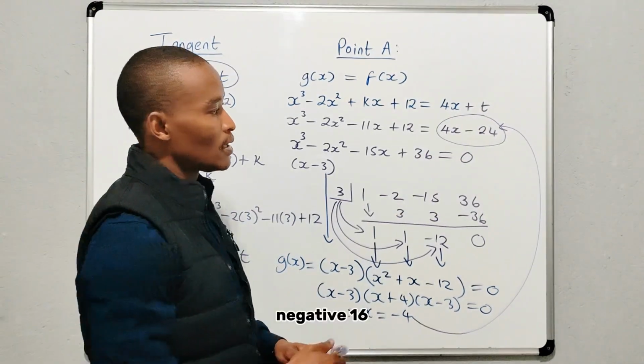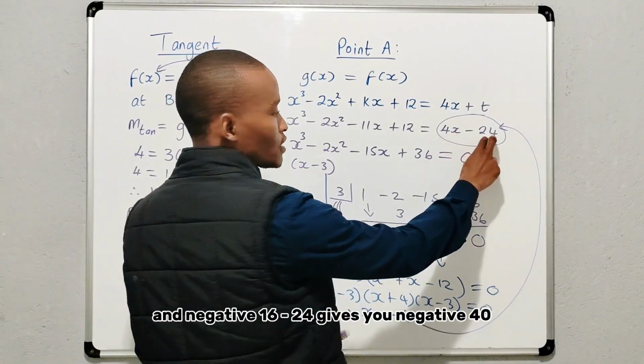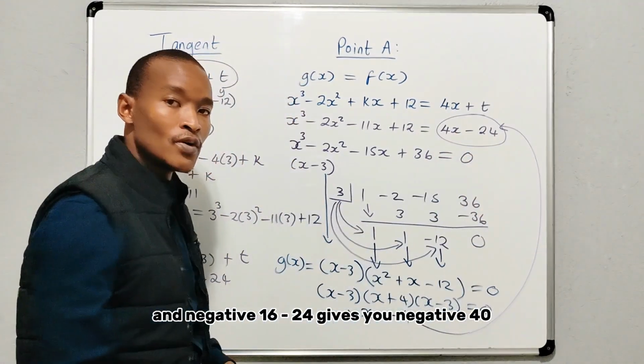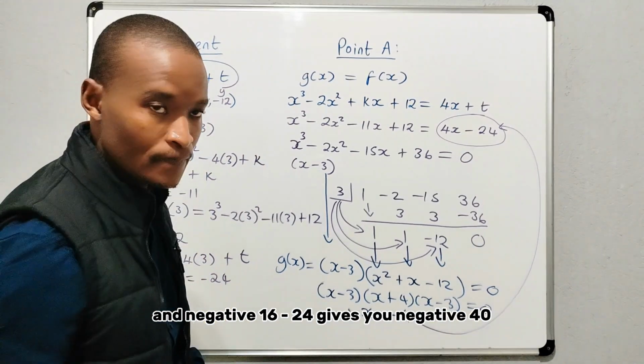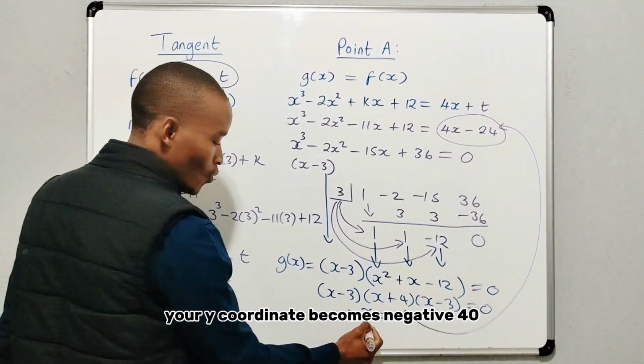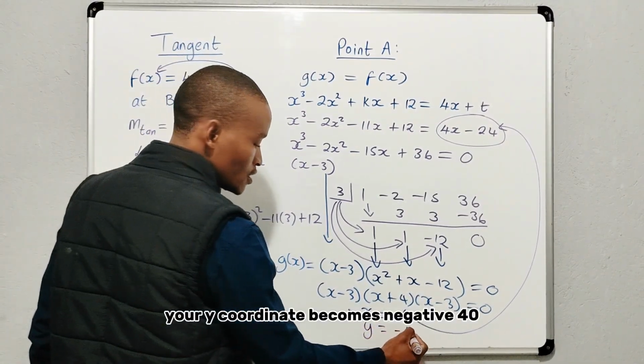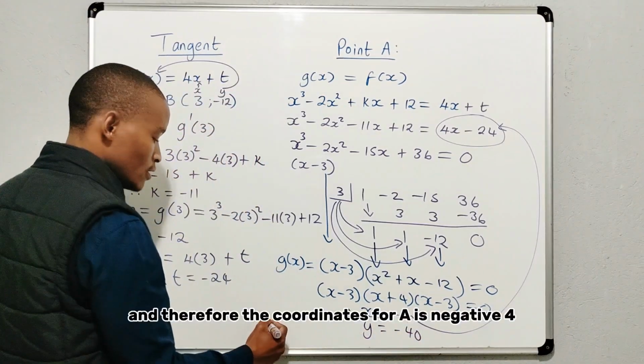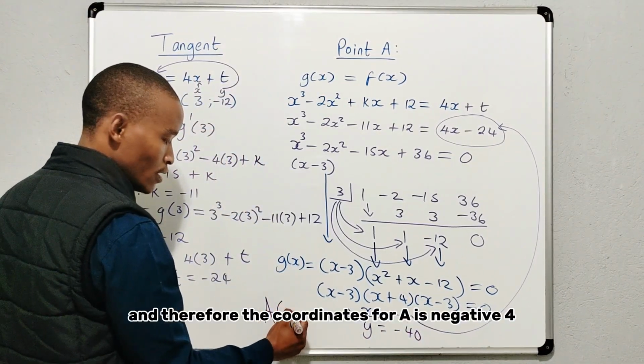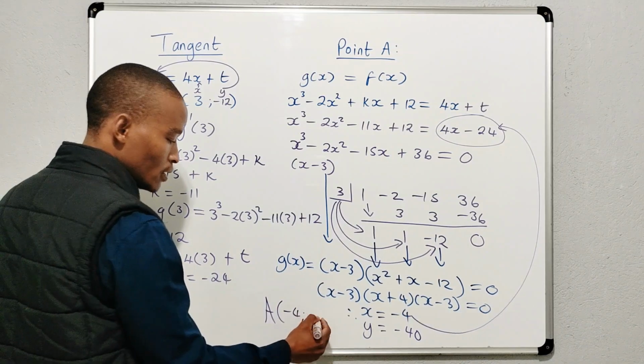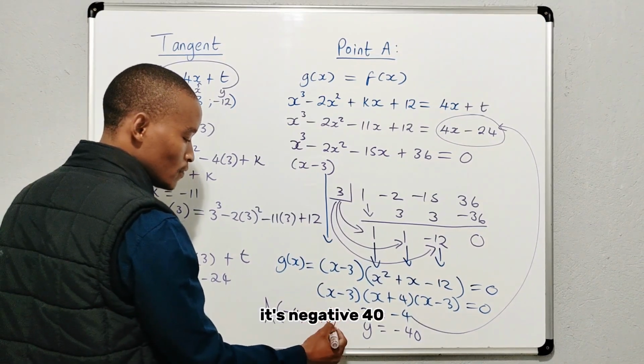Negative 16. And negative 16 minus 24 gives you negative 40. So your y-coordinate becomes negative 40. And therefore, the coordinates for A are negative 4, negative 40.